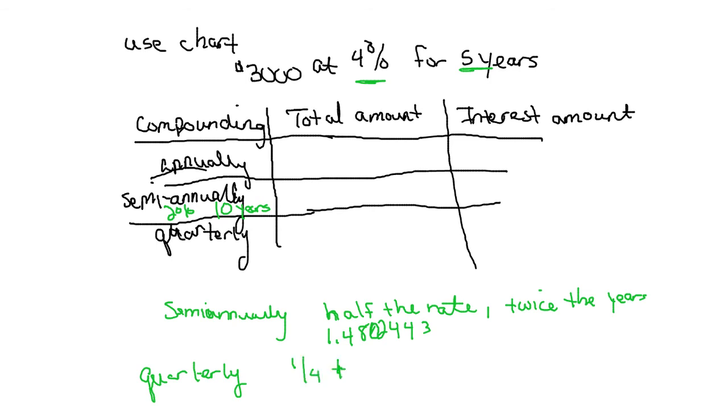So we'll need to use the 1% column, and then 4 times the years. 5 times 4 is 20 years. So we'll want to look at the 1% column and then do 20 years. Then we'll be able to fill out each of these boxes based on that information. But that's how we read that chart.